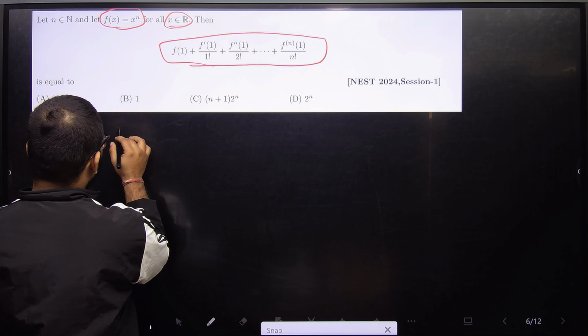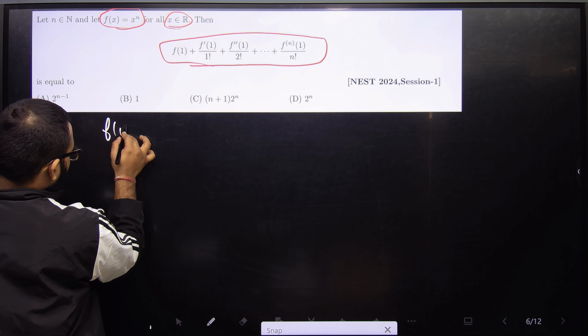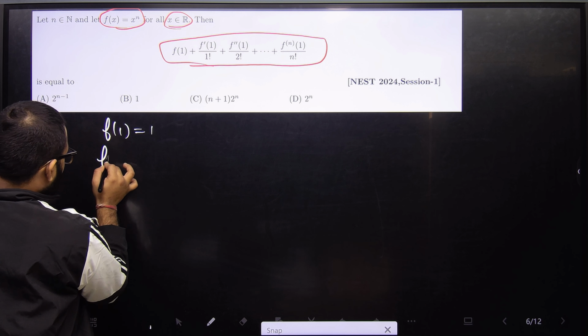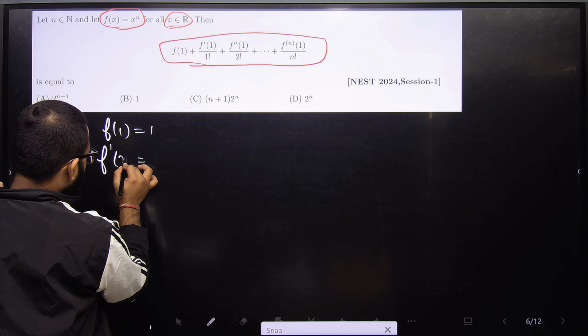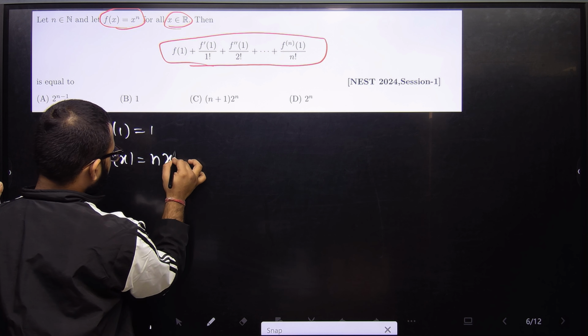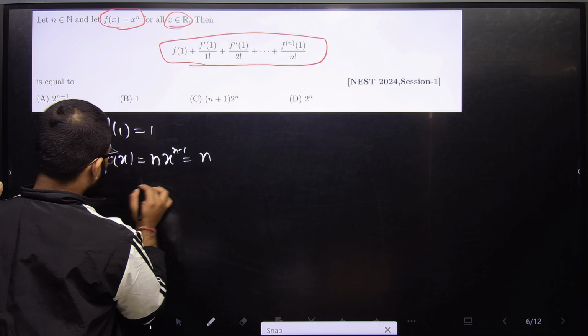So let's compute it. The value of f(1) is 1, and the value of f'(1): firstly we have to find f'(x), which is n x^(n-1), so the value is n.